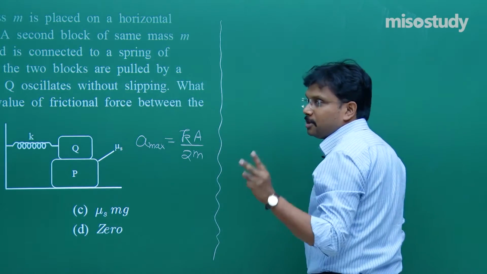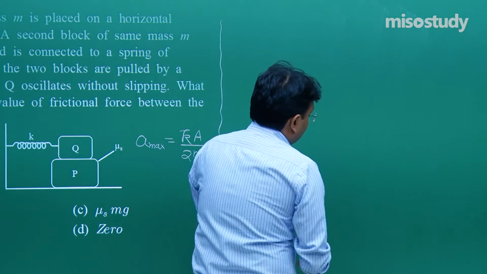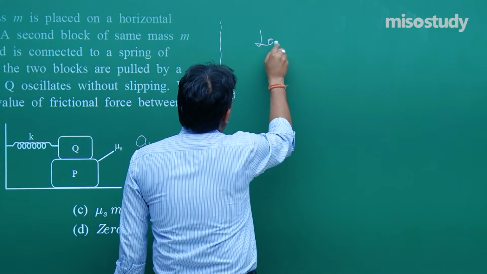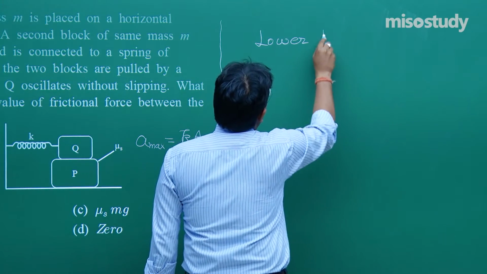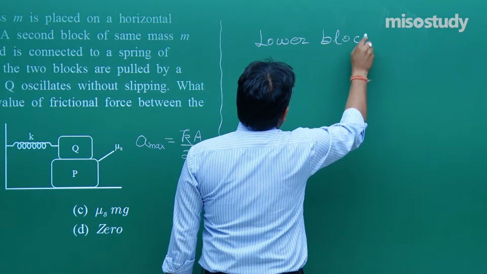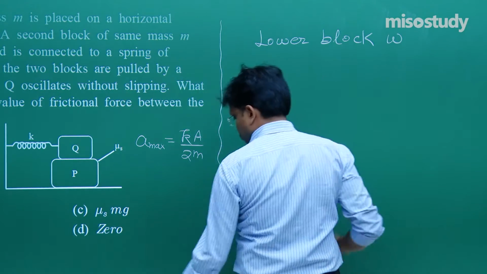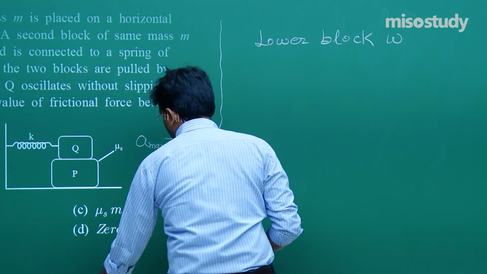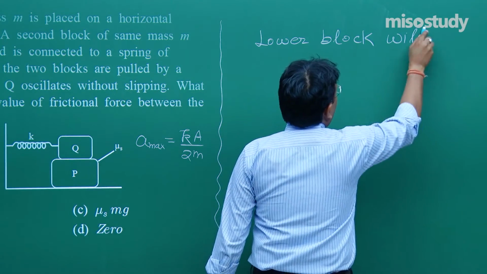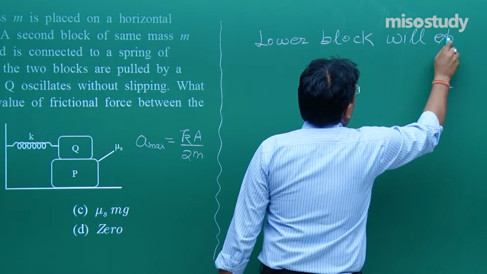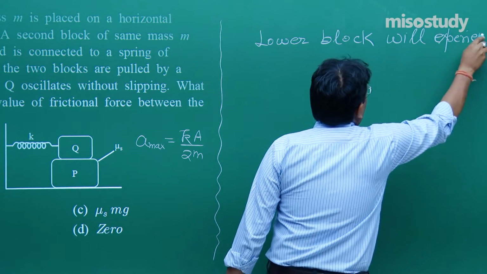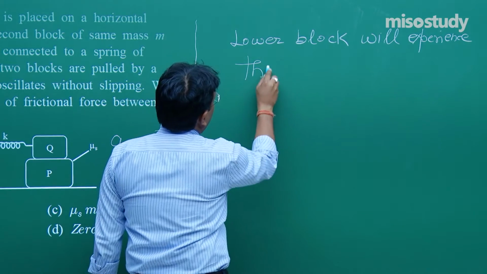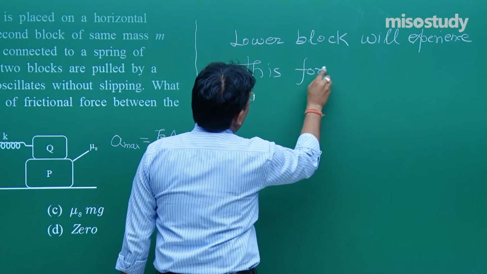Right now we just mentioned two terms. So what is this next system? That is, the lower block will experience this force, and why?